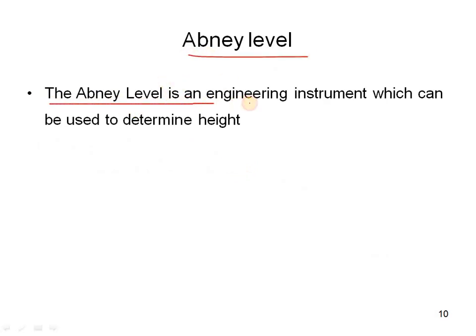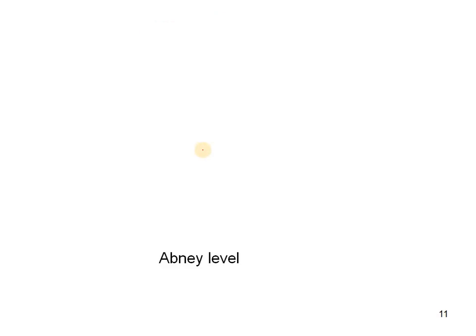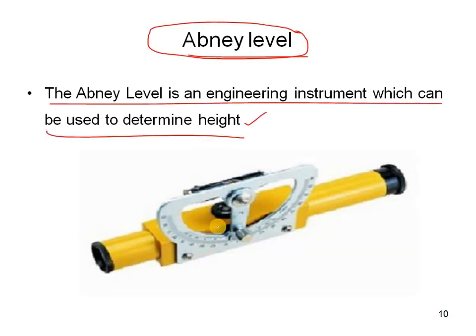And the next one is Abney level. The Abney level is an engineering instrument which can be used to determine height. So this is there in our syllabus. This is the Abney level instrument. You can observe here a scale in a compass type. This is a vernier scale, and you can see one side will be the eyepiece and the other side will be the object glass.